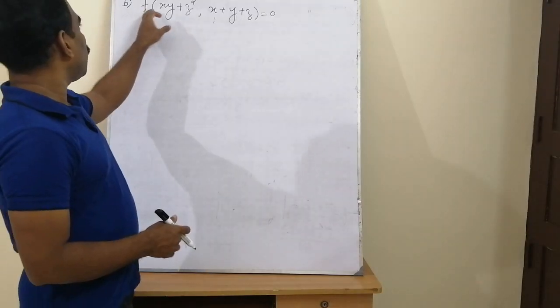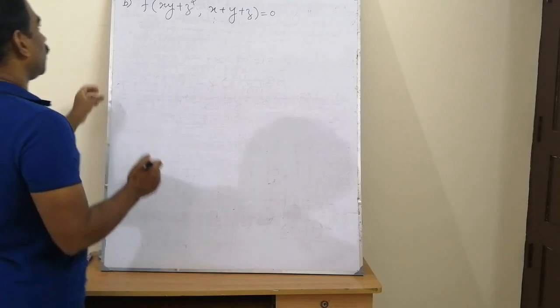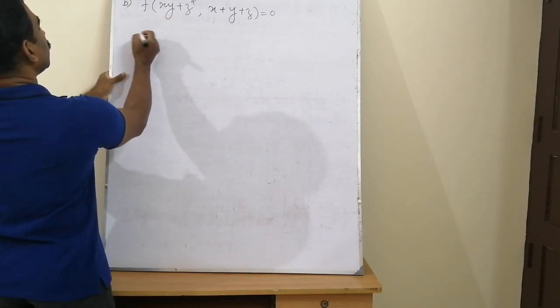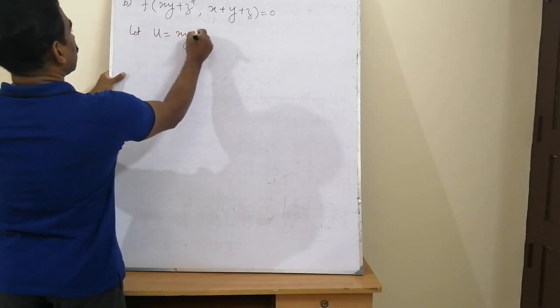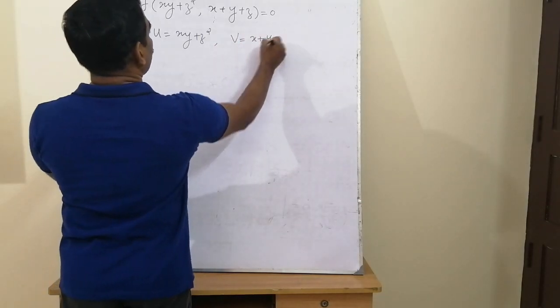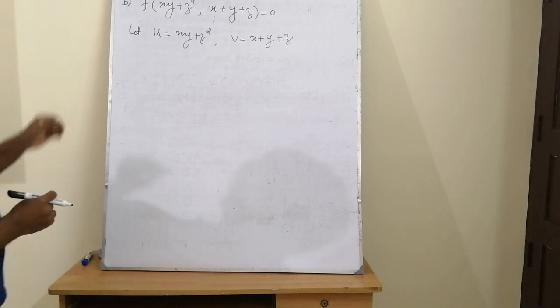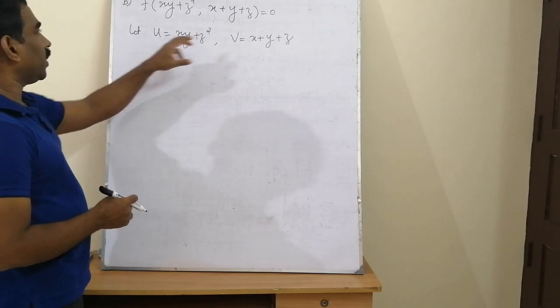So the second part is f of xy plus z square comma x plus y plus z equal to 0. For simplification, let u is equal to xy plus z square, v is equal to x plus y plus z, and we know the formula. That means the eliminant PDE will be in a determinant format containing ux, uy, vx, vy.